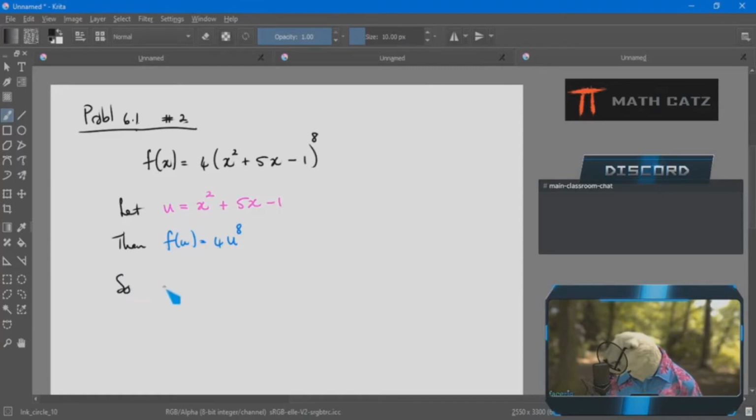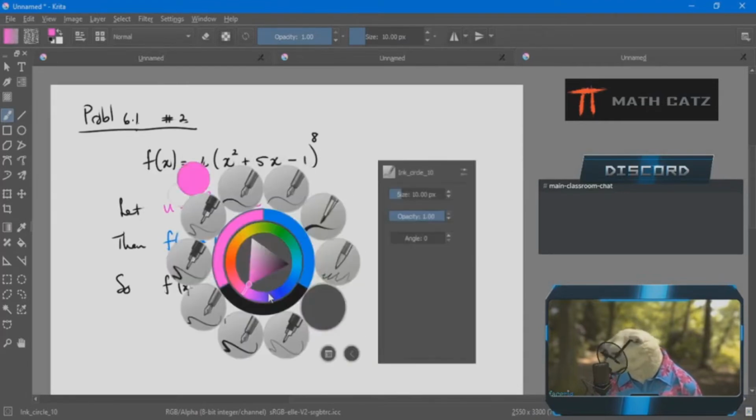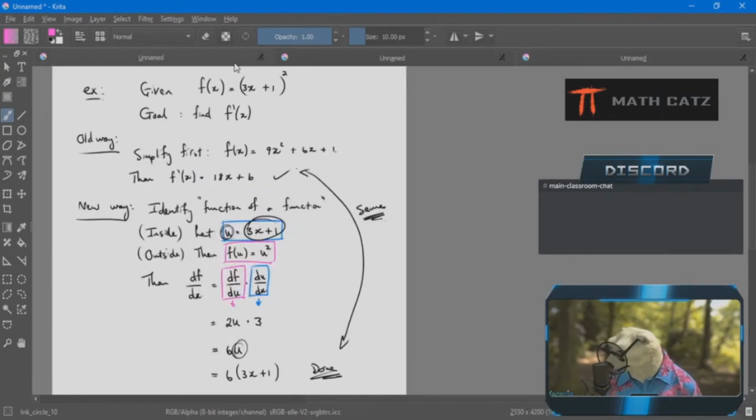So the chain rule says f prime, which is what I'm looking for, my notation that helps me set up the chain rule, and I'll say why in a second, comes in 2 parts. First part says, whoops, did I do the colors right?